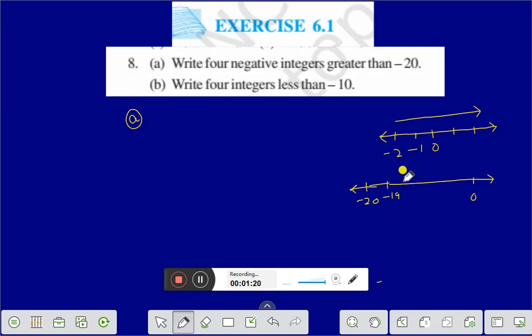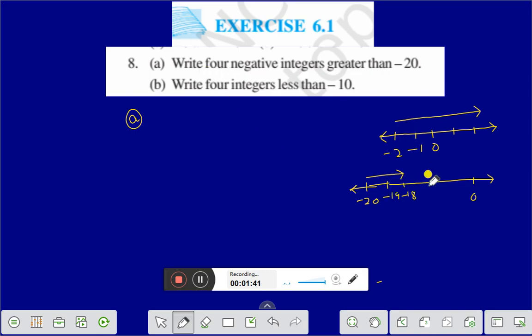That means if we go in this direction, the number is increasing. Therefore, minus 20, then minus 19, minus 18, it is increasing.